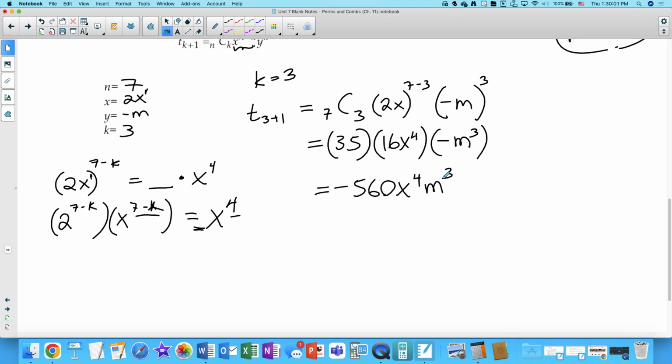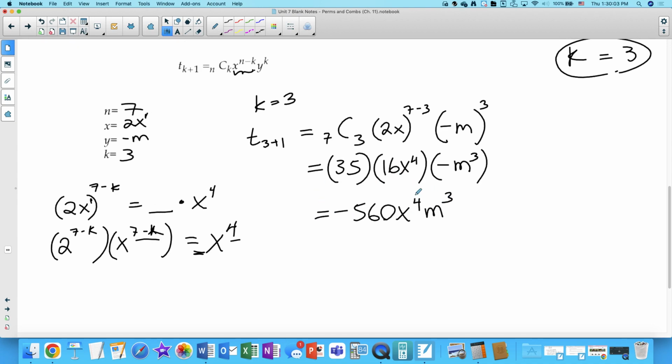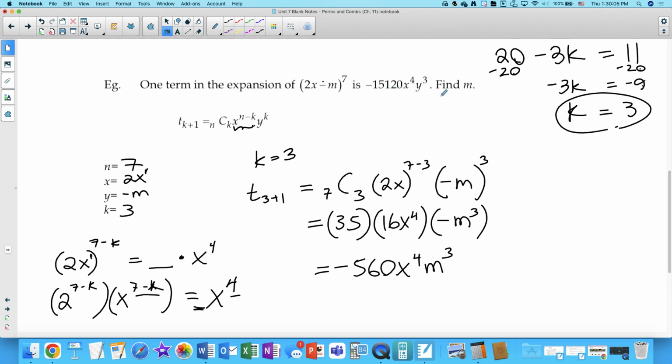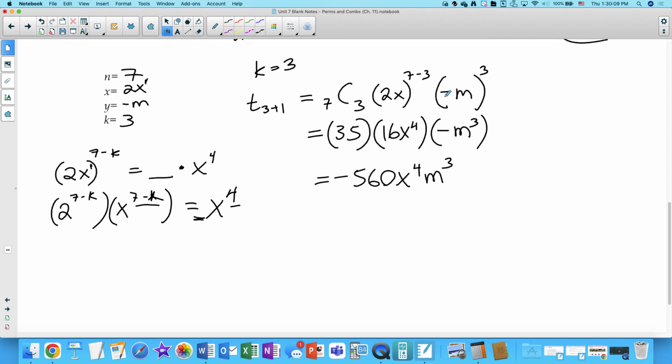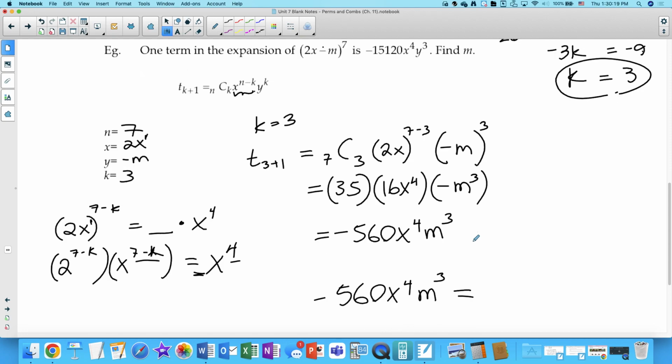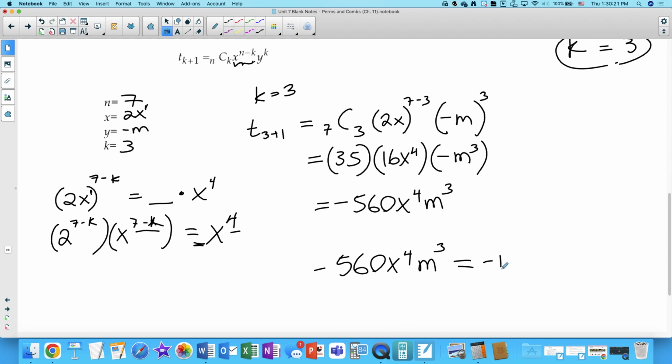Yeah, exactly. We're going to take this and set it equal to this guy, and then from there, we'll be able to solve for m. So negative 560 x to the 4 m cubed has to equal negative 15,120 x to the 4 y cubed.